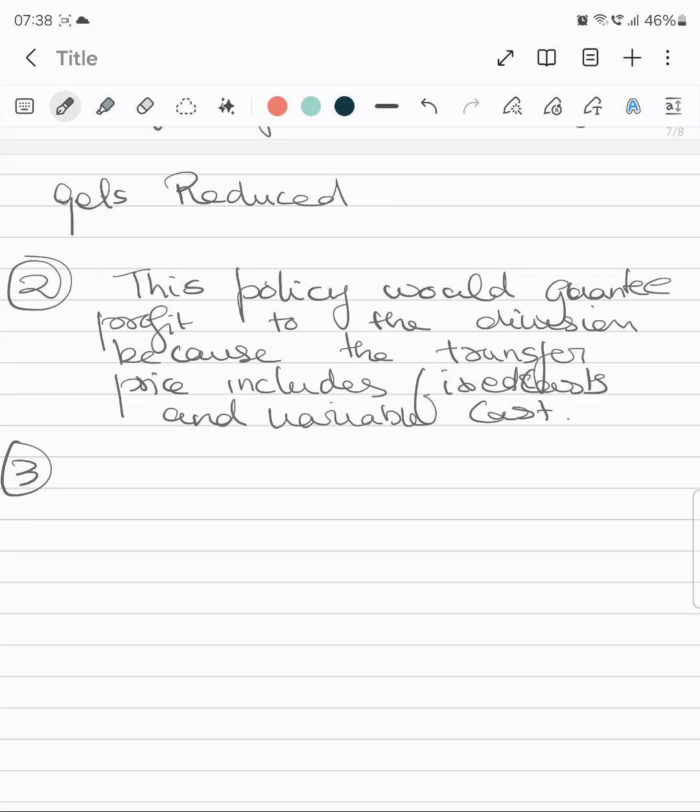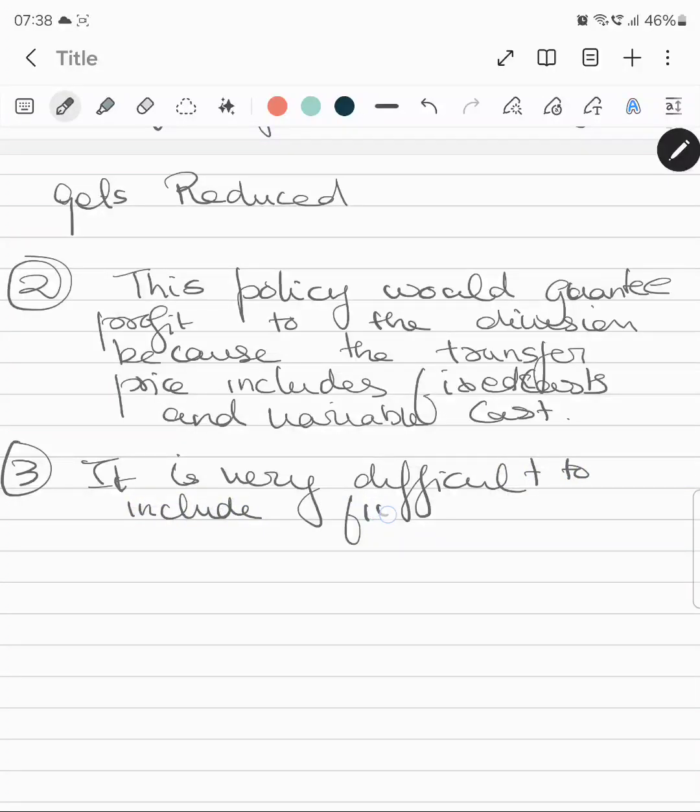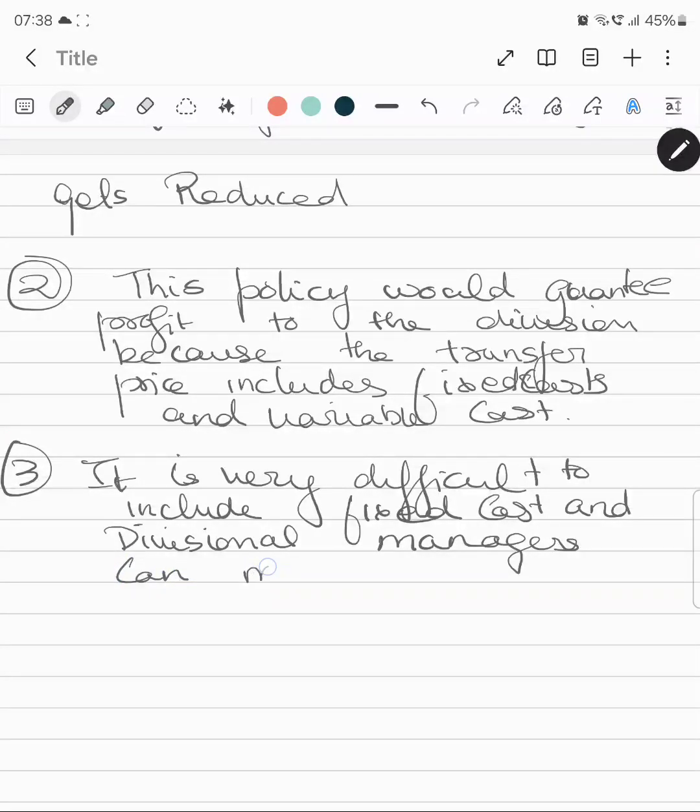So sometimes it gets difficult to include fixed cost, and divisional managers can manipulate the fixed cost. So one is the manipulation.